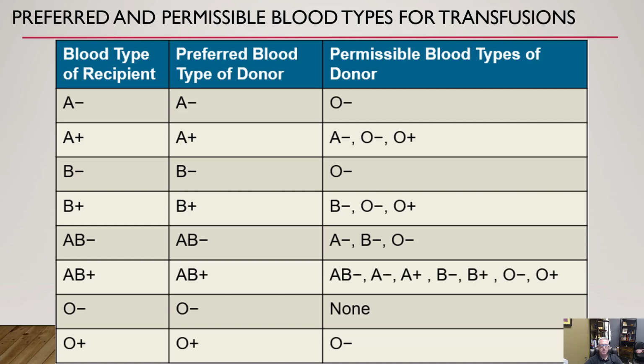If we have a person that has A negative blood, your preferred blood type is going to be your own blood type. So this category is going to match up with this category. Always take your own blood type first.